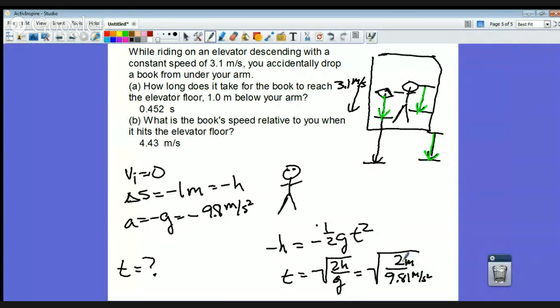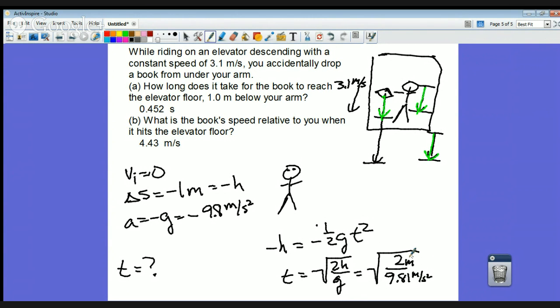So the meters will cancel, the seconds squared goes up top, you take the square root of that, you get seconds, so that all works out. And the square root of 2 divided by 9.81 is 0.452. So that all worked out.